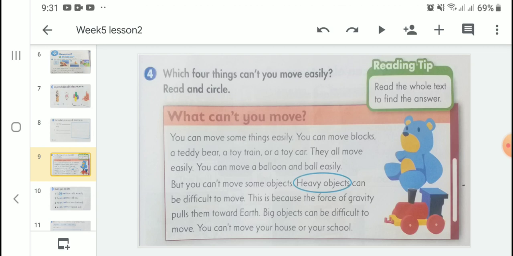You can move a balloon and a ball easily, but you cannot move some objects. Heavy objects can be difficult to move. This is because the force of gravity pulls them towards Earth. Big objects can be difficult to move. You can't move your house or your school. Now students, you will circle heavy objects, big objects, house and school because they can't be easily moved.